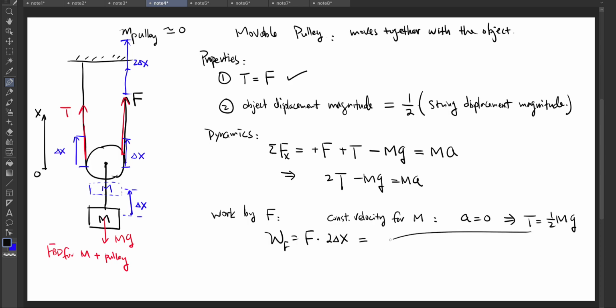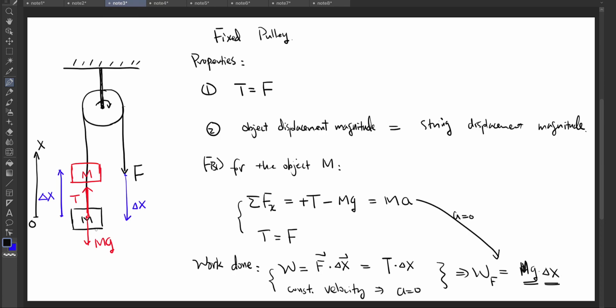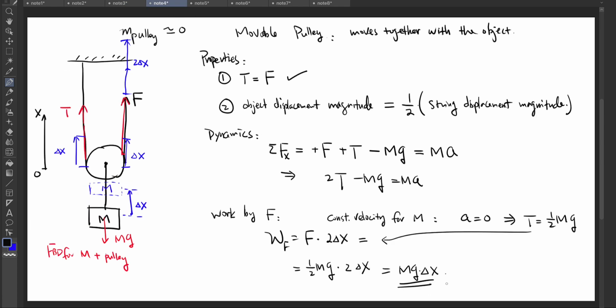So I'm going to plug in here, and then I get half mg times 2 delta x. So the 2 and 1/2 cancel out. The work done is mg delta x. Okay, so that's exactly the same as the fixed pulley case. The work done by the pulling force is mg delta x. So now it's again mg delta x.